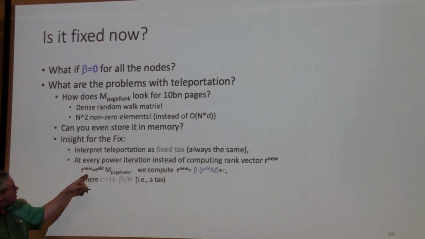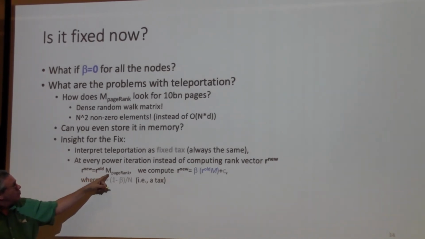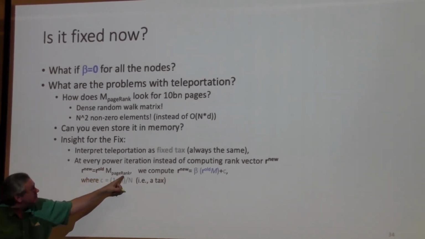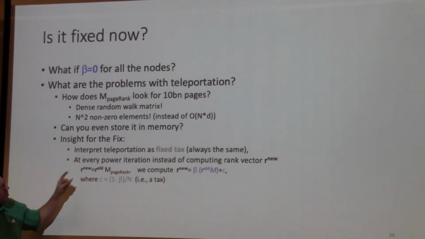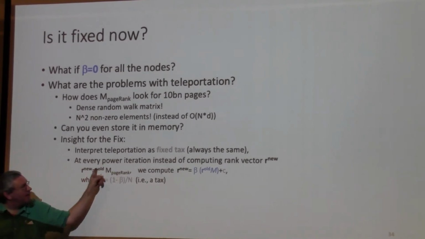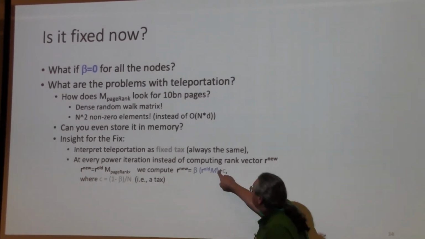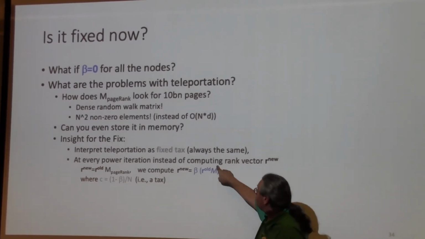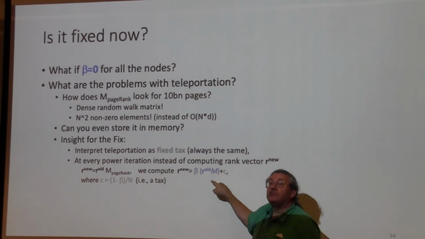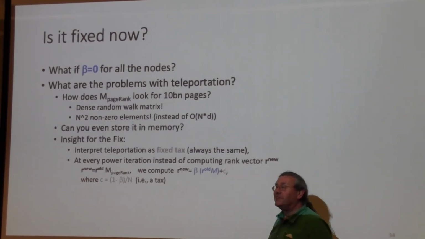So basically, instead of doing like this, where you take the old vector and you multiply by PageRank, which is this 10 billion by 10 billion matrix, you get the new vectors. This is kind of too hard. You actually use M, which is the matrix without teleportation. It's just the adjacency matrix, which is much smaller.